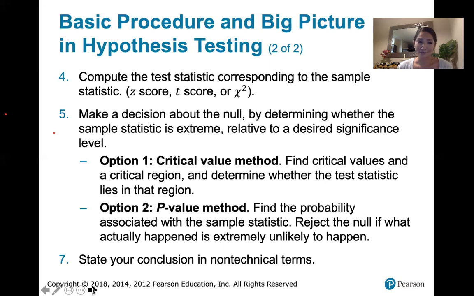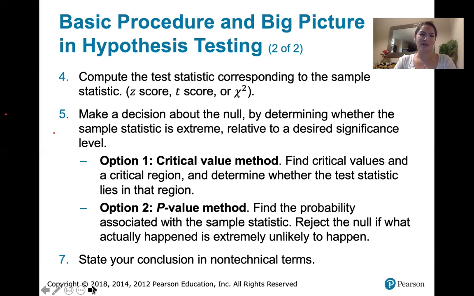Are we able to say something about that claim? Are we able to say that evidence suggests that it's true, or evidence suggests that it's false, or something similar to that? Evidence fails to suggest that it's false, or something like that. It'll depend on the original claim, but we will always want to go back to that original claim and state our conclusion in non-technical terms.